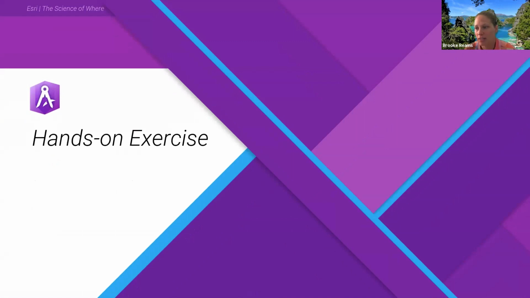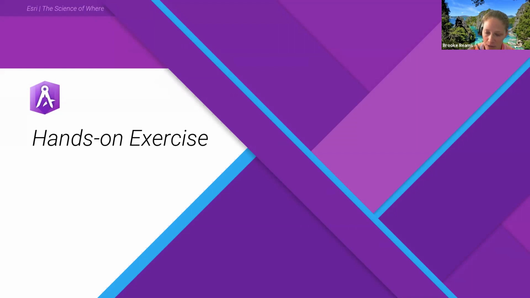Okay, so let's work on a hands-on exercise. What I want to do in this exercise is first show you the AppStudio desktop application. I think you've already seen it a little bit from the work that Erwin did this morning. But I also want to show you how to create a new app.